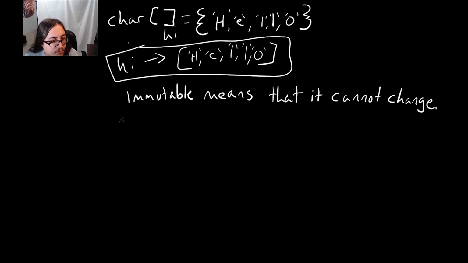So we haven't talked about the final modifier, but the final keyword means it cannot change. So it basically makes a char final array and sticks it inside of this wrapper called a string.